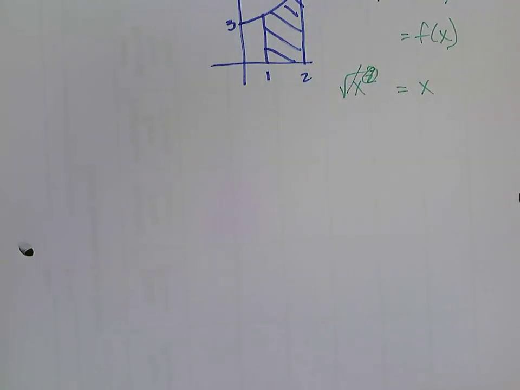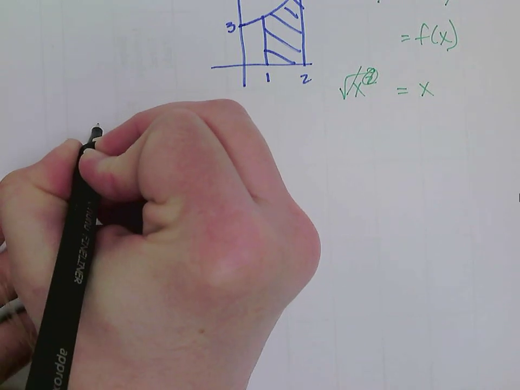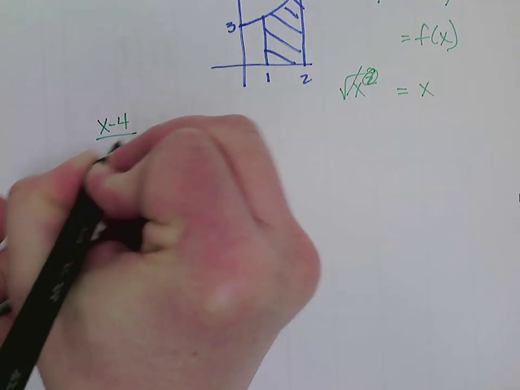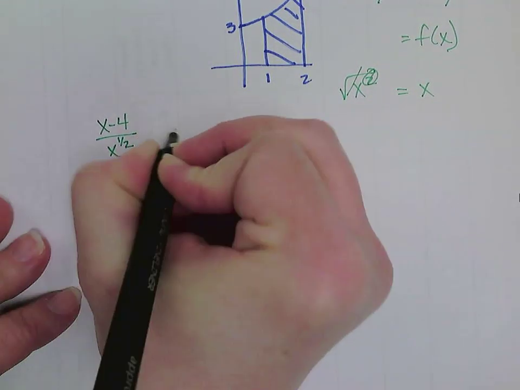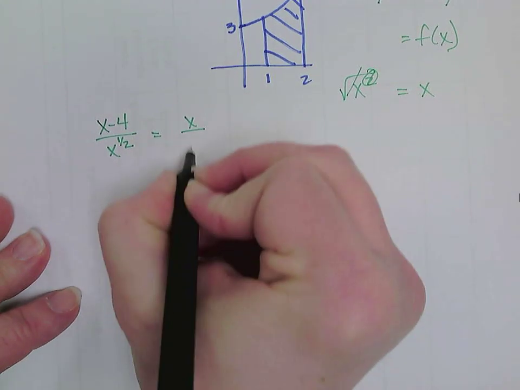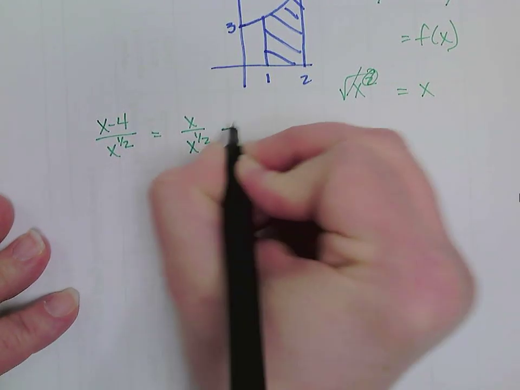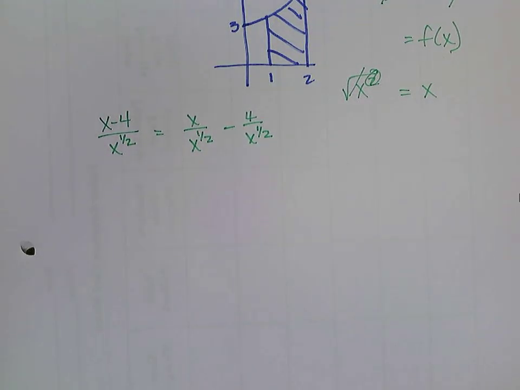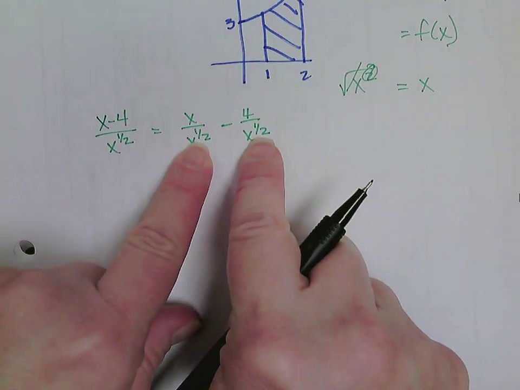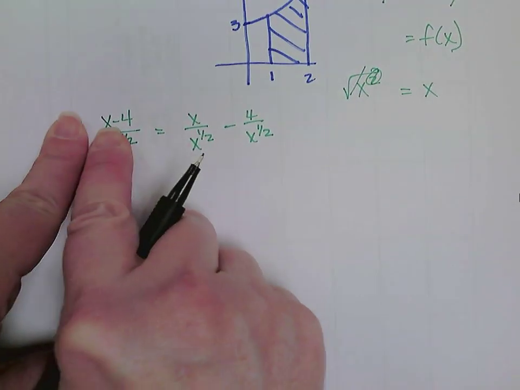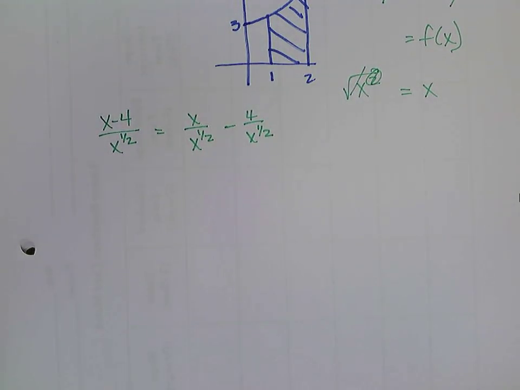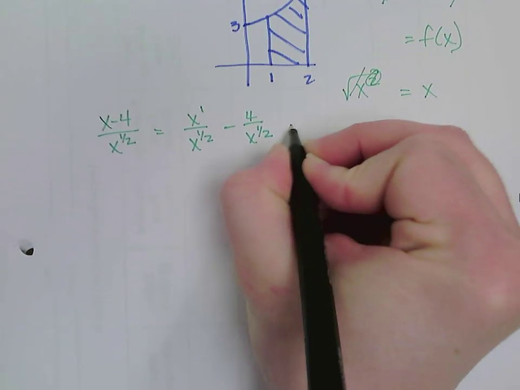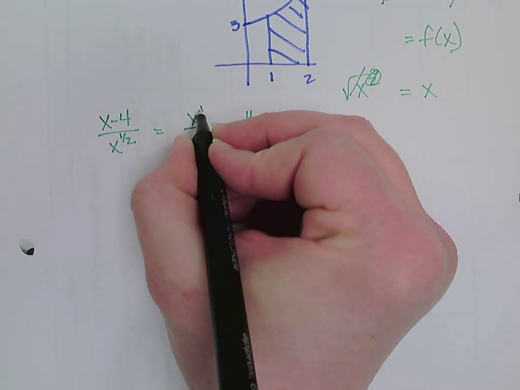What I'm doing there is I'm taking x minus 4 divided by x to the 1/2, and I'm dividing that like this. Because when we add or subtract, we keep the denominator and add or subtract the numerators, right? So we're okay with that. So I have x to the first and x to the 1/2.